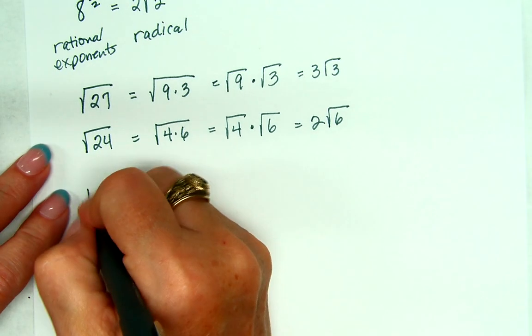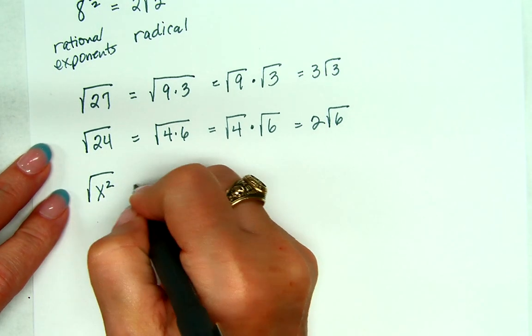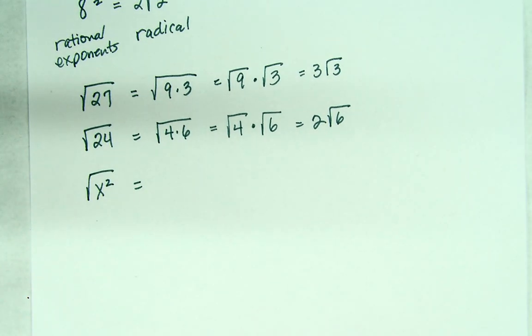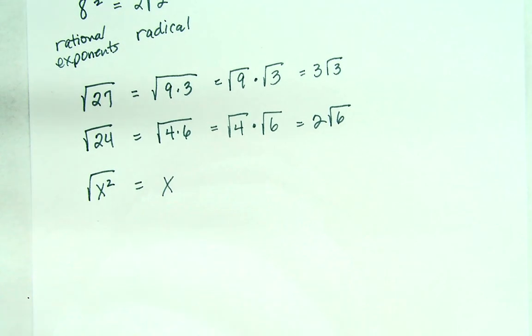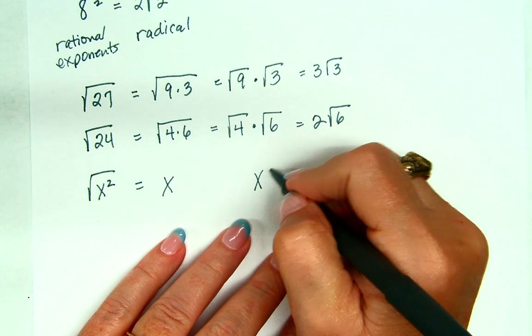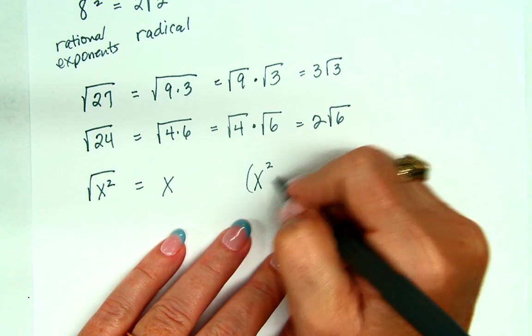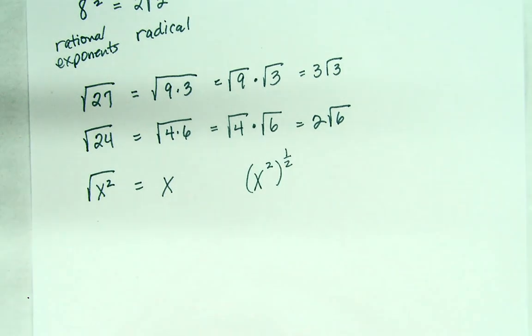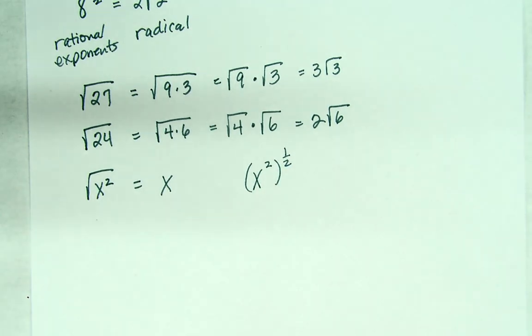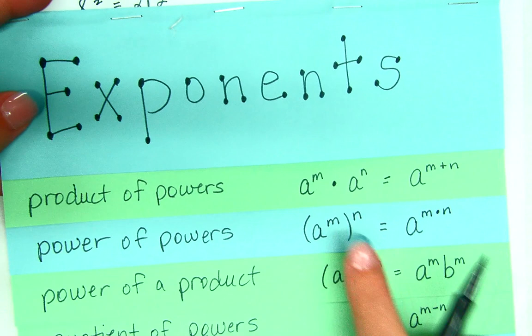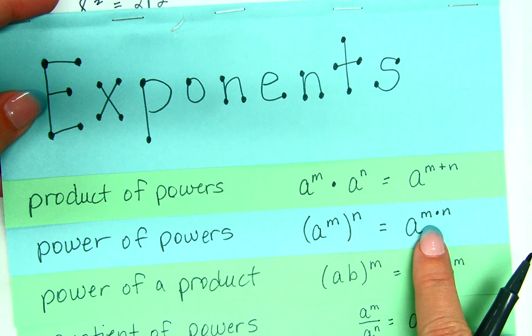So what about the square root of x squared? Yeah, it is. It is just x. Okay? What about x squared to the 1/2 power? What do I do with those two numbers? If I have a power being raised to a power, what do I do with those numbers?